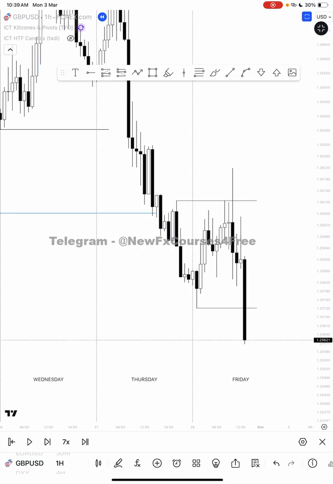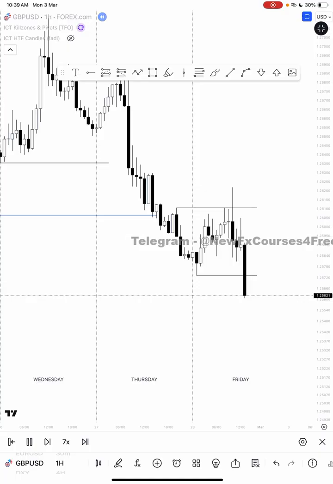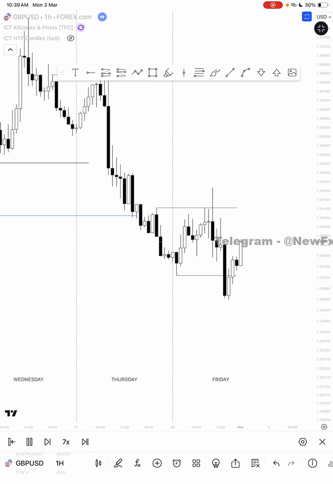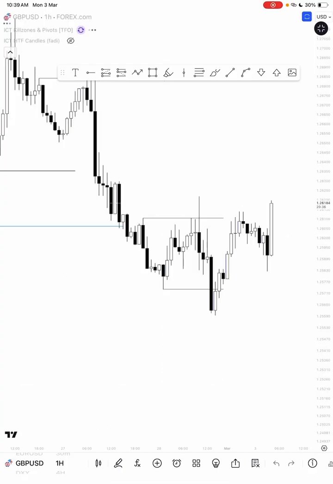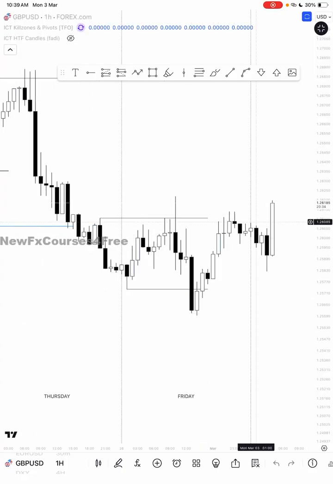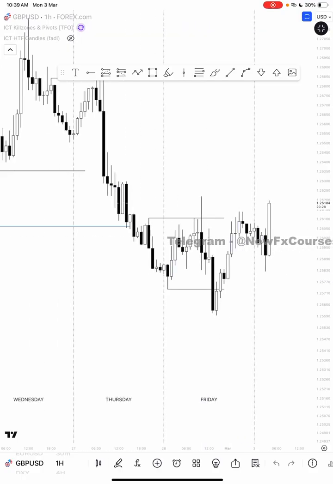Then before we got the weekly close price action over here, this candle's move was the weekly close here. This was London's close here. So the weekly candle closed here.